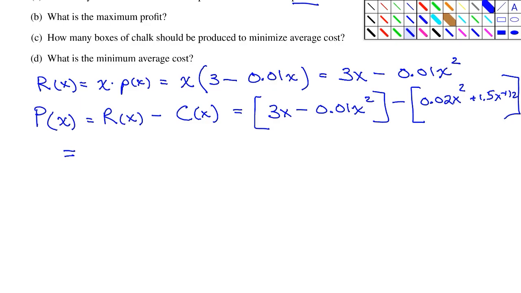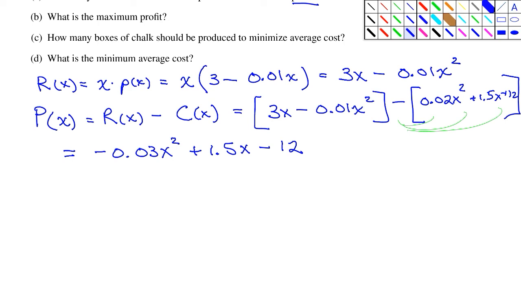And then we need to simplify that, and that's equal to negative 0.03x squared plus 1.5x minus 12. Don't forget to distribute the negative to these terms here and add to the other terms.